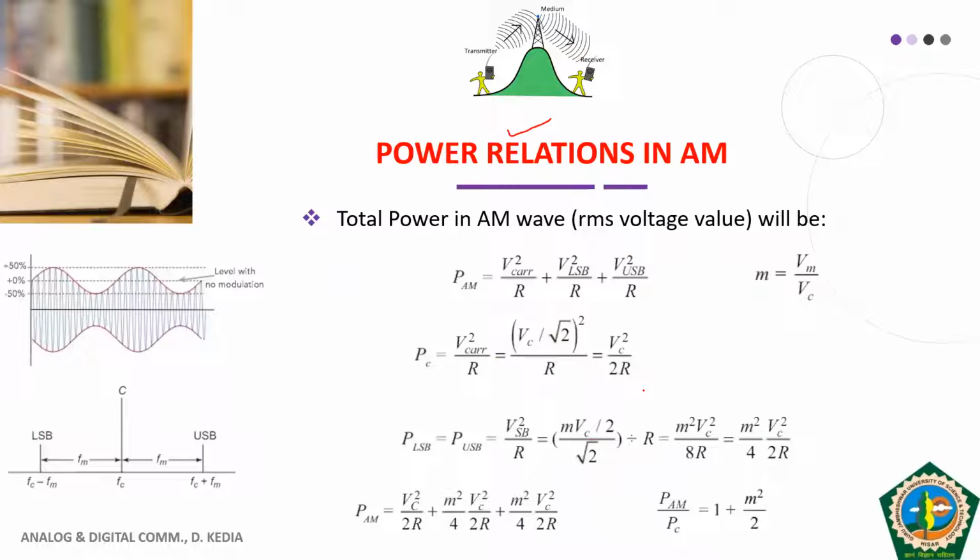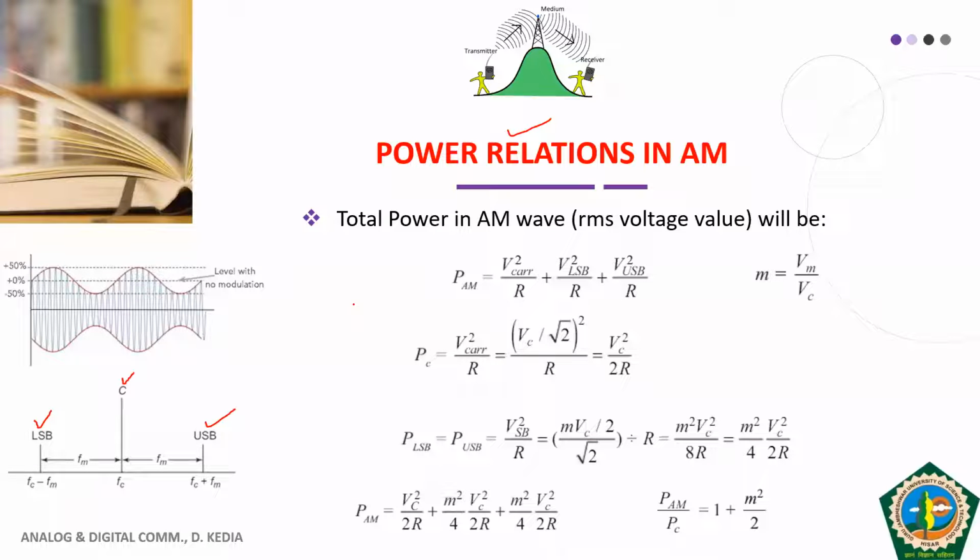obviously the total power of the AM signal will be the sum of the power of its individual components. Okay, so in the AM signal, we have three components. One is the carrier part, then the upper sideband part, and then the lower sideband part. Okay, and we know how we obtain power.